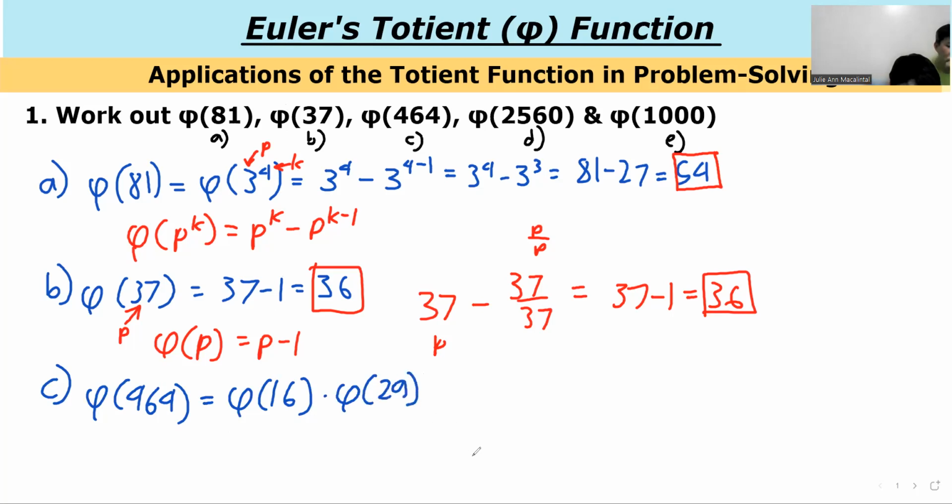So we can express it as phi of 16 times phi of 29. The multiplicative formula is phi of AB equals phi of A times phi of B, where here A is 16, B is 29, and this is AB.